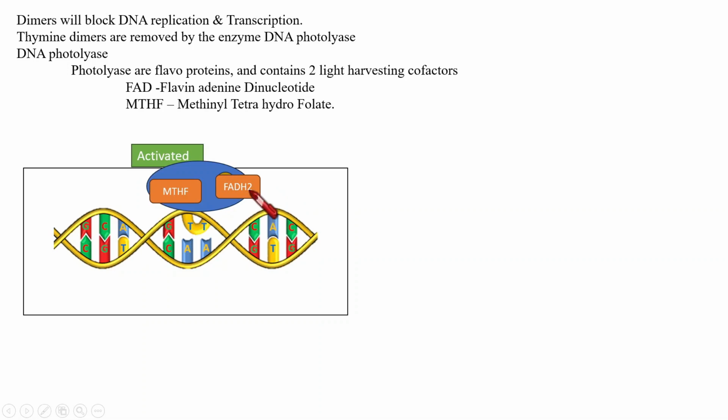And from this FADH2, the high energy electrons go and hit the thymine dimers and remove that cyclobutane ring, that dimer, and free the thymine. In that way, it will again base pair with the bases present in the opposite strand. Sorry, in that way that damage is corrected. So now we can see that the damage is corrected with the help of DNA photolyase.